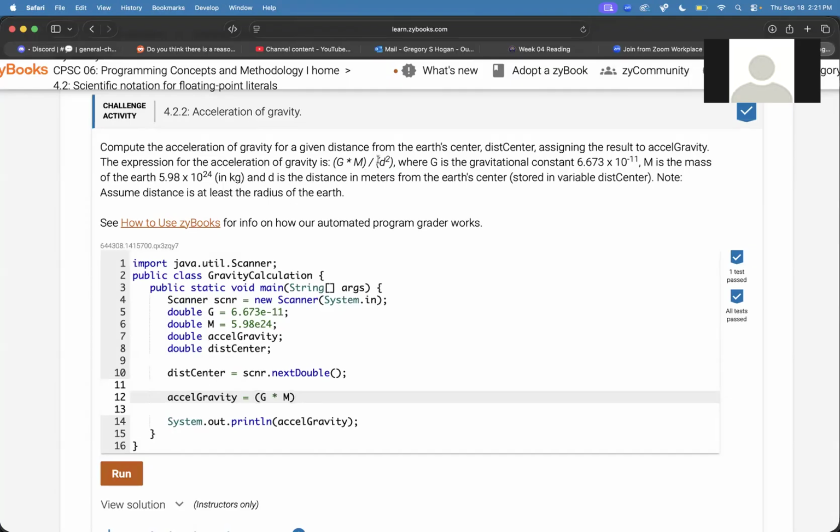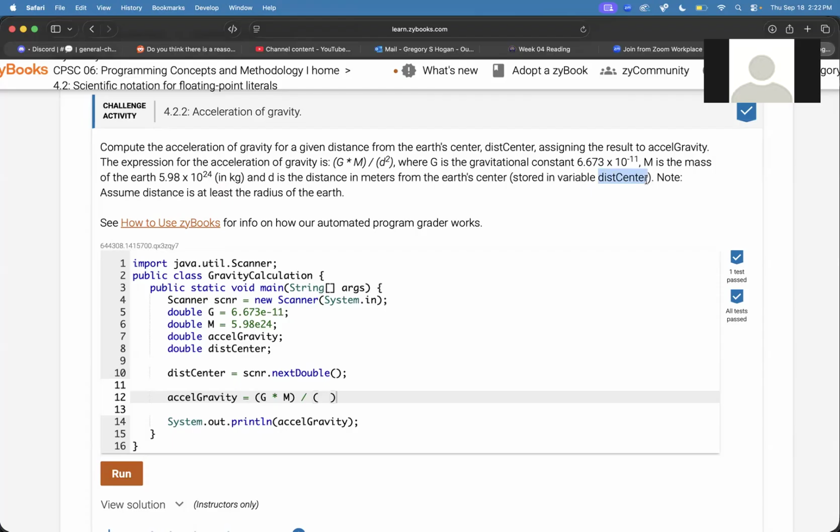Then we have divided by, more parentheses. And in the denominator here, it's d squared. It says d is the distance in meters from the Earth's center, stored in variable dist center.